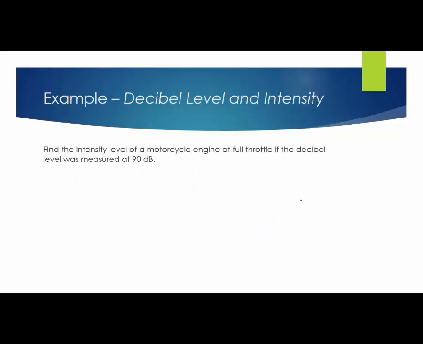One more, let's find the intensity level of a motorcycle engine at full throttle if the decibel level was measured at 90 decibels. So the decibel level this time is 90. This is 10 times the logarithm of I over I naught, which was 10 to the negative 12. Let's solve this for I. So I'm going to divide by 10 on both sides to isolate my logarithm.